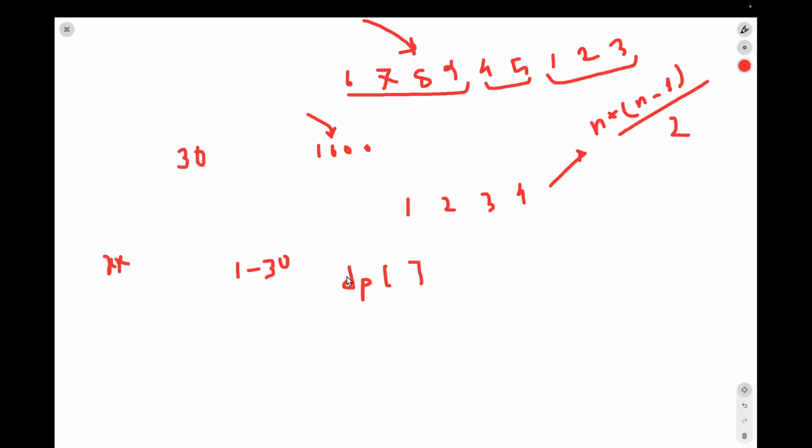let's say now we are at 2, then 2 into 2 minus 1 by 2, that is 1. Say we are at 3, then 3 into 2 by 2, that is 3.